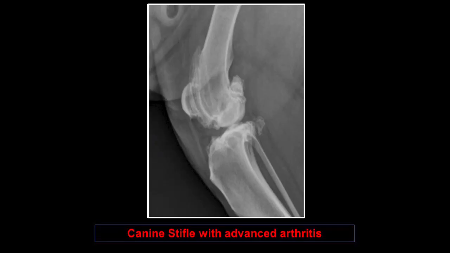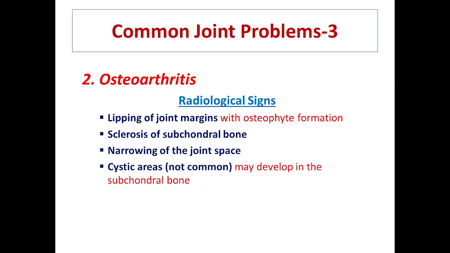In this radiograph, you can notice that osteoarthritis causes inflammation, and so the space between joints decreases. Sometimes cystic areas may develop. That is not very common, however, it may occur in some cases. Due to inflammation, normal joint articulation will be affected. That may lead towards subluxation or luxation.